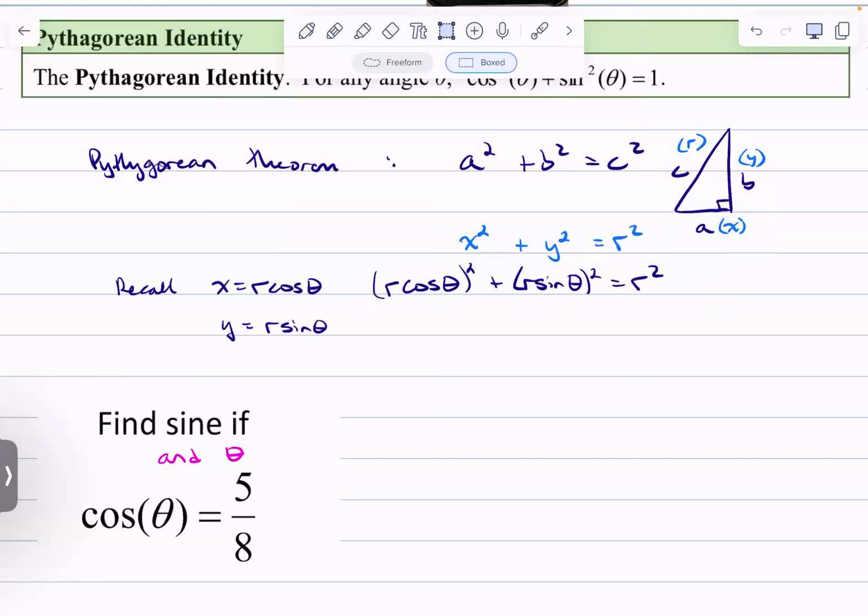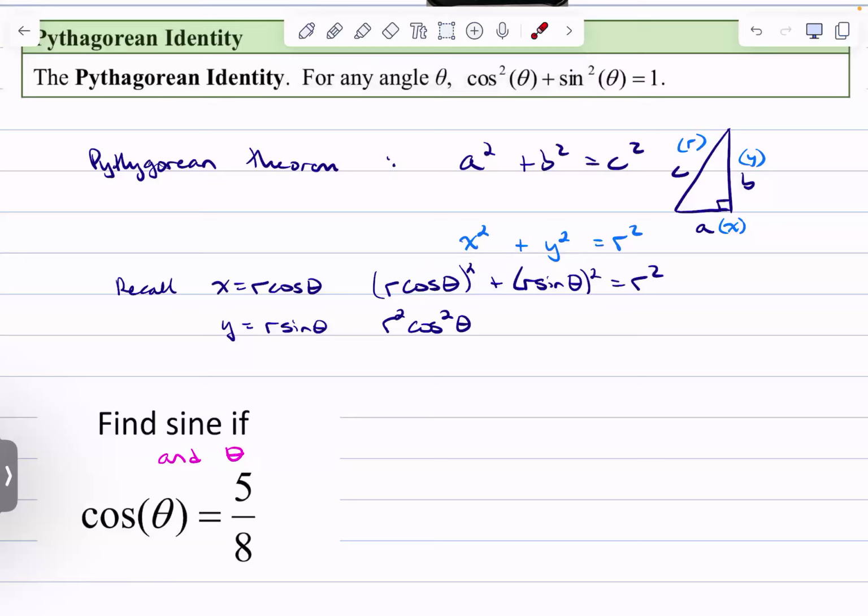So substituting those general x's and y's in terms of sine and cosine. Now I'm multiplying inside here, and so I can expand this, and this becomes r squared cos squared theta.